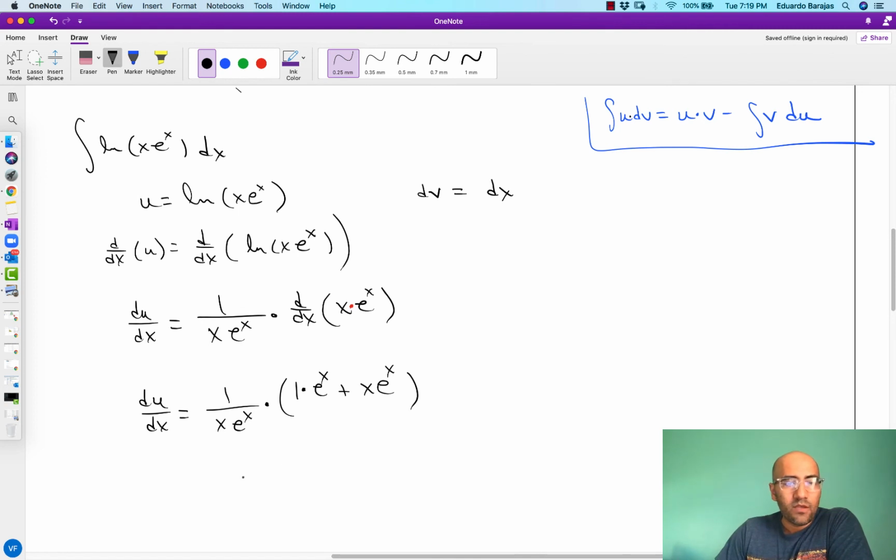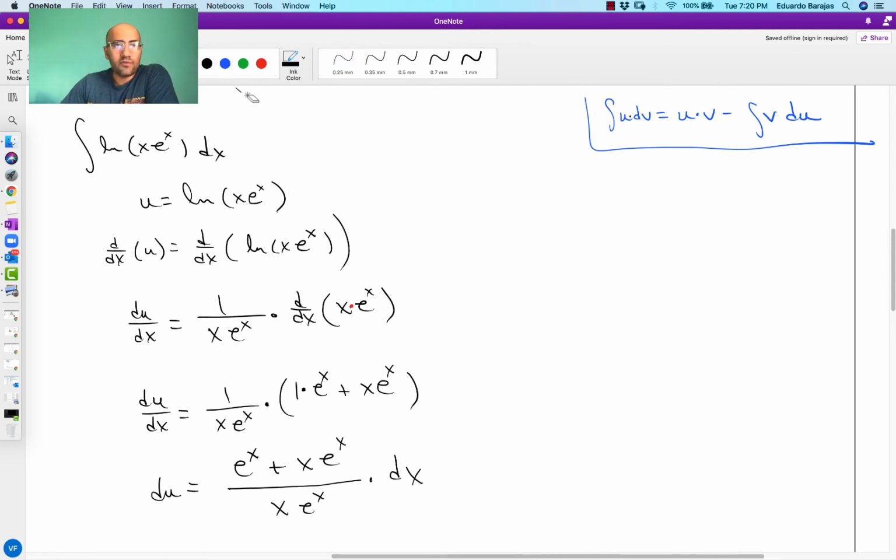That means du is equal to e to the x plus x e to the x divided by x e to the x times dx. Okay, we come over to the other side. I'm just going to make some space. So dv was equal to dx.